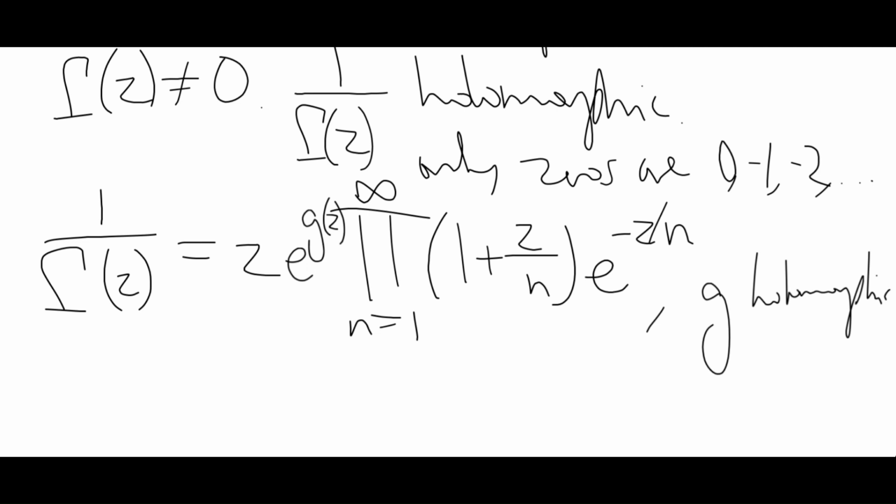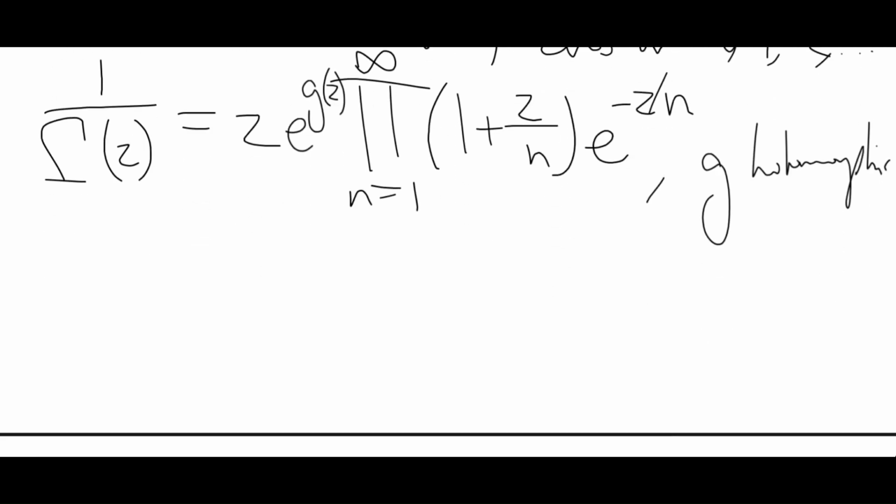Now the last detail is to figure out what this g function is. To do that, we can first think about the relationship between gamma of z and gamma of z plus 1. So if we think about what gamma of z plus 1 over gamma of z is, we know that's going to be z.